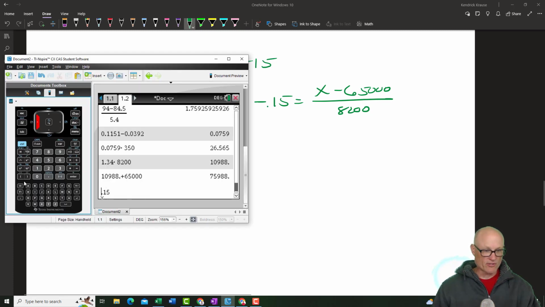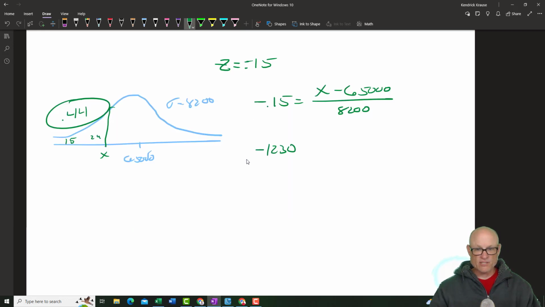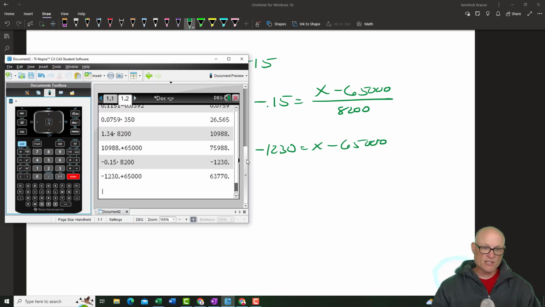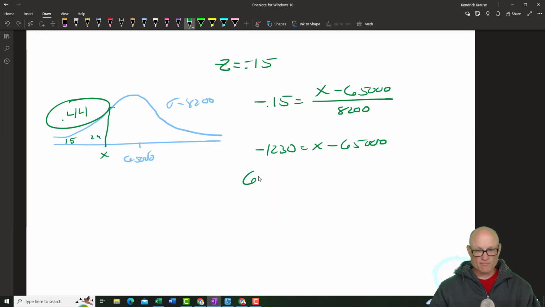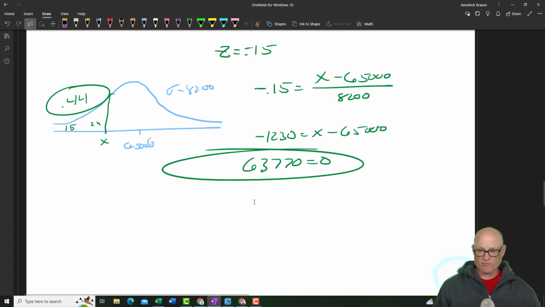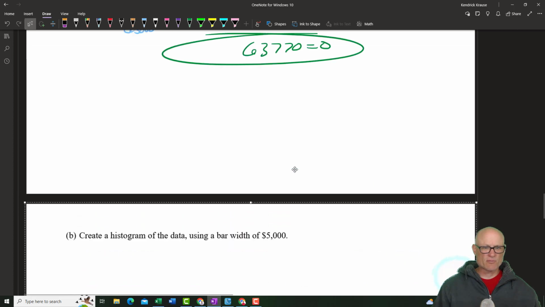I don't know if I said this or not, but it's on the left side, so it's negative. Otherwise, I would get a weird answer. Times 8,200, so negative 1230 equals x minus 65,000. Then you add 65,000 and get 63,770. So anything less than 63,770 pays less than 25%. Otherwise, it's just not true, but I'm missing something. There's a page missing.